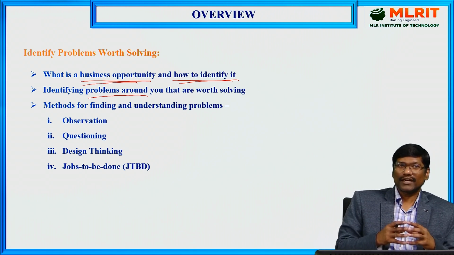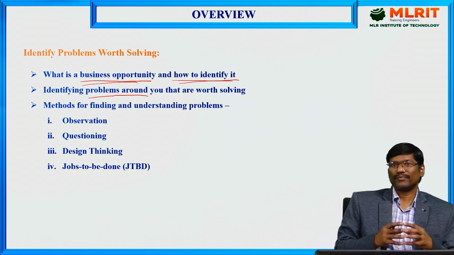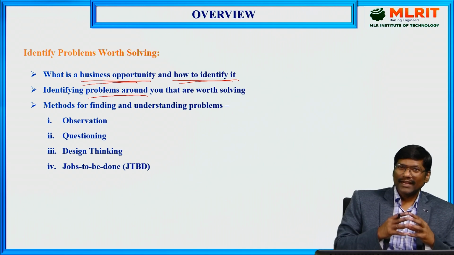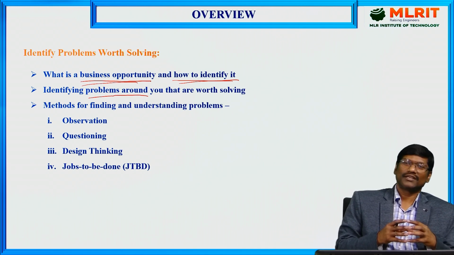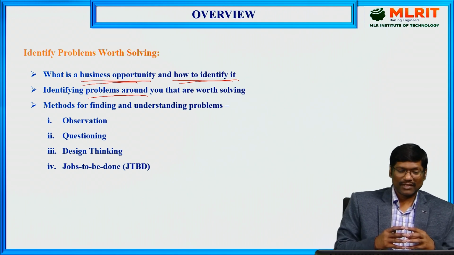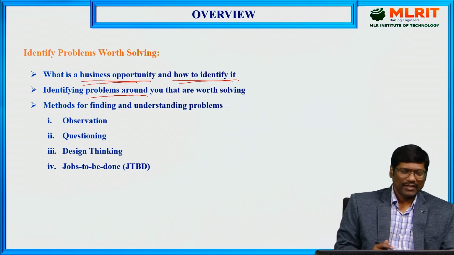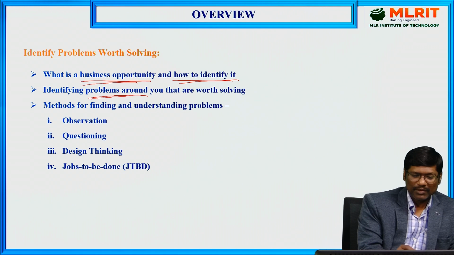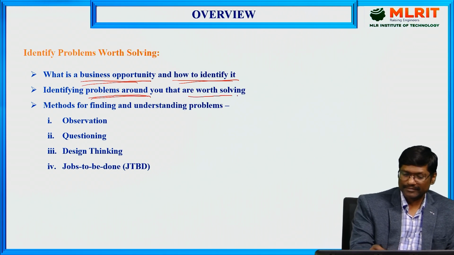They truly understood how big that issue was and how many people really wanted a solution for it. When they realized it is huge, that's where they became successful entrepreneurs. So, identifying problems around you that are worth solving.